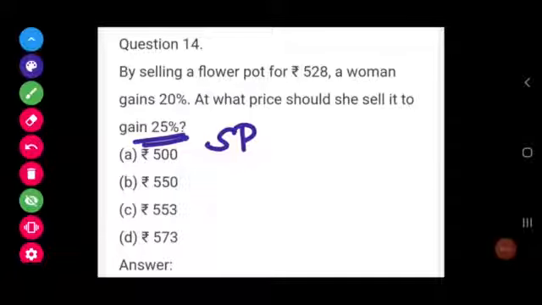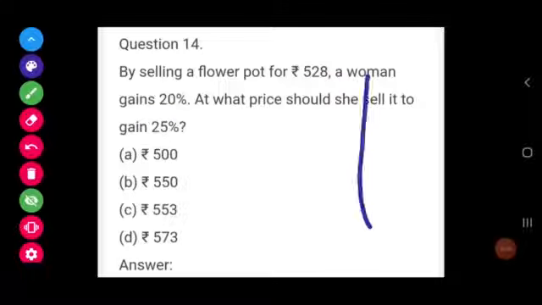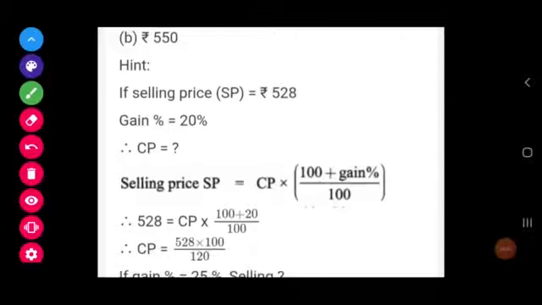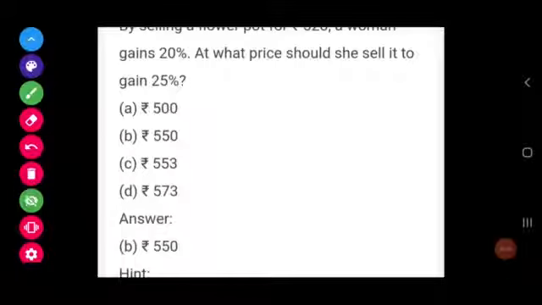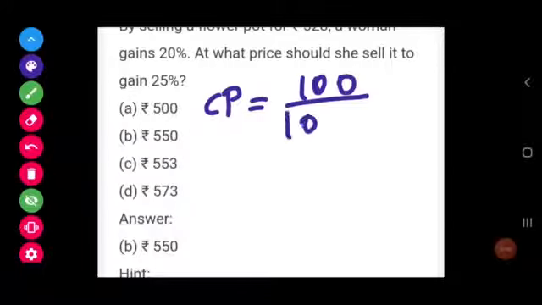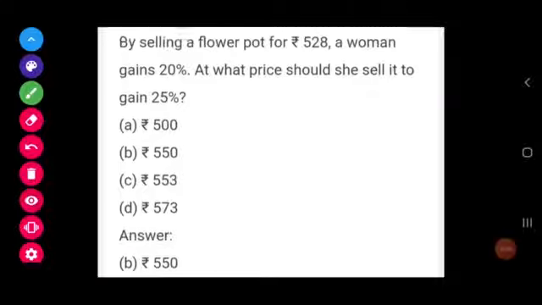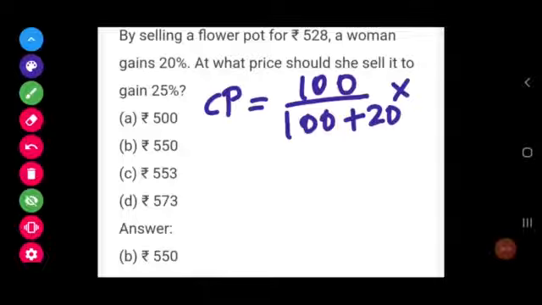Okay. So first we have to take this selling price SP and then gain 20%. So for gain 20%, our formula is CP equal to, I will write the formula, CP equal to 100 divided by 100 plus gain percentage is 20 into SP they have given rupees 528.